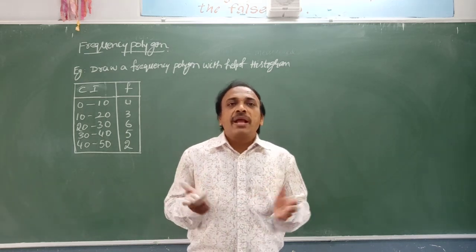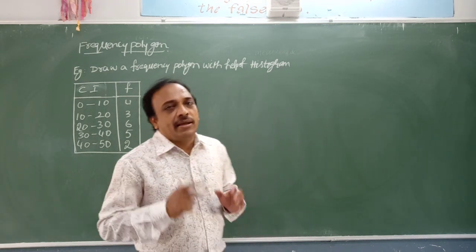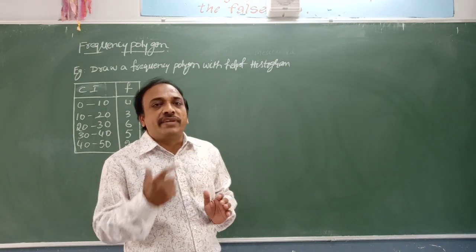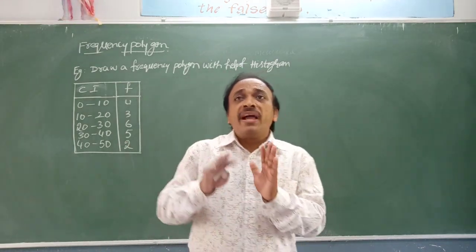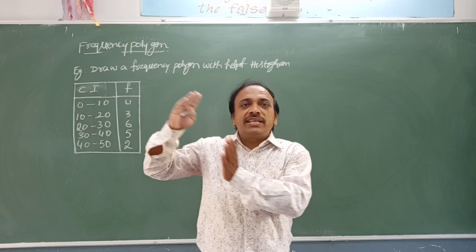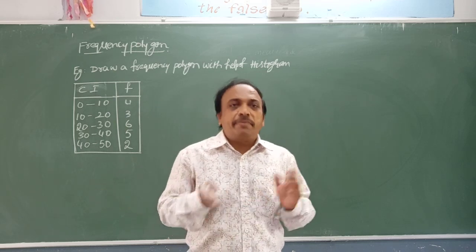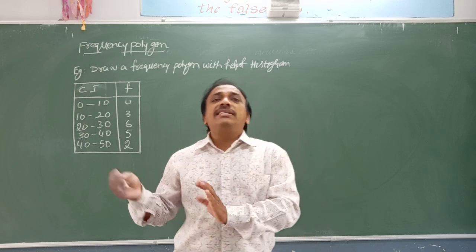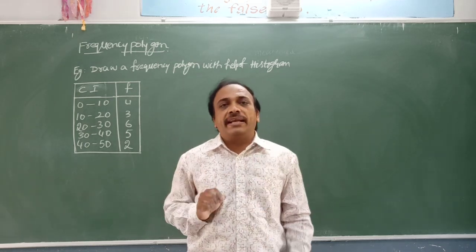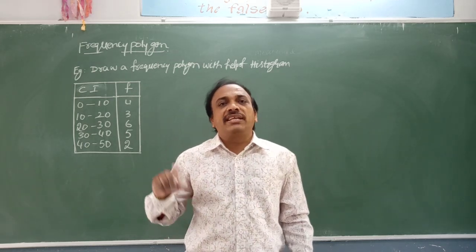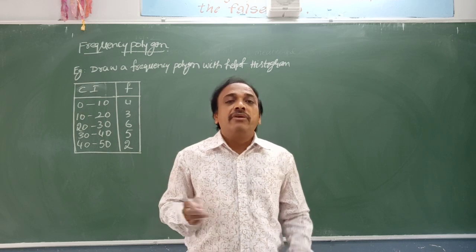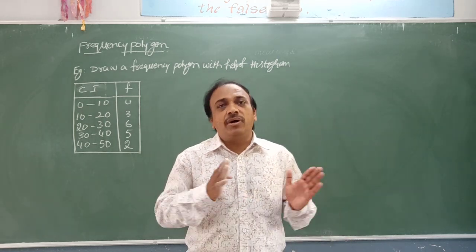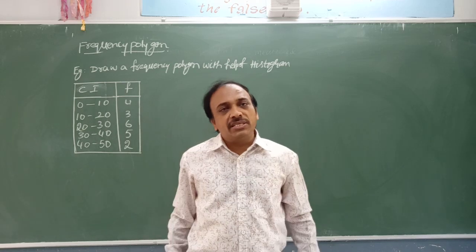So by using the frequencies, we are going to make a frequency polygon. With the help of a histogram we can prepare a frequency polygon, and without a histogram also we can draw one.